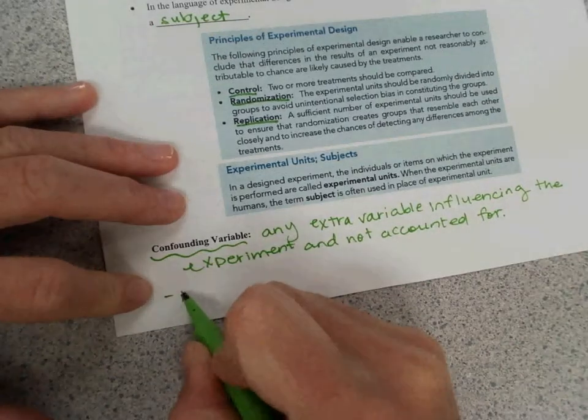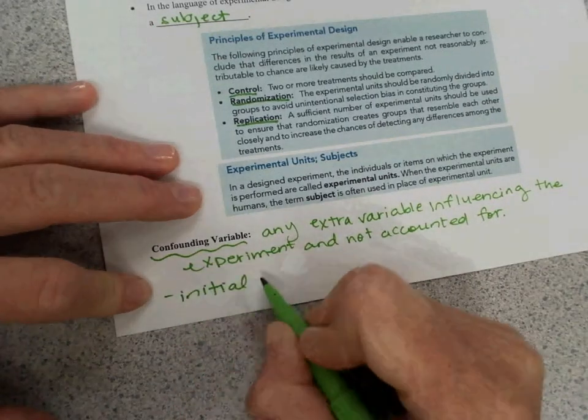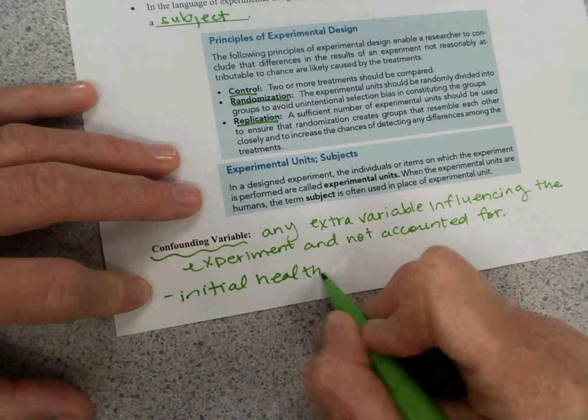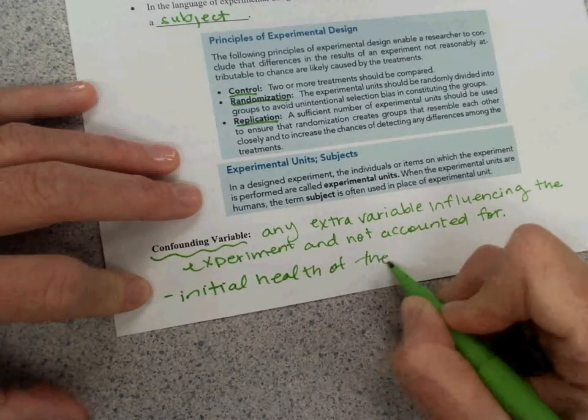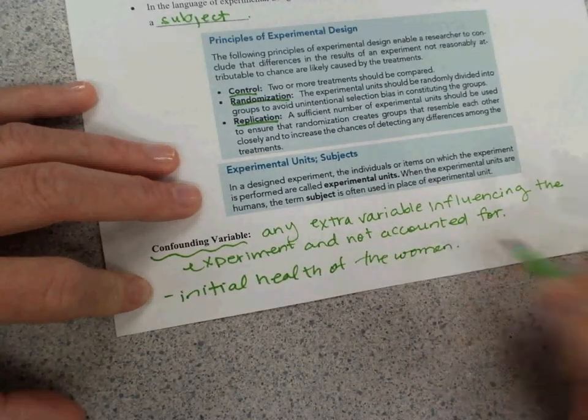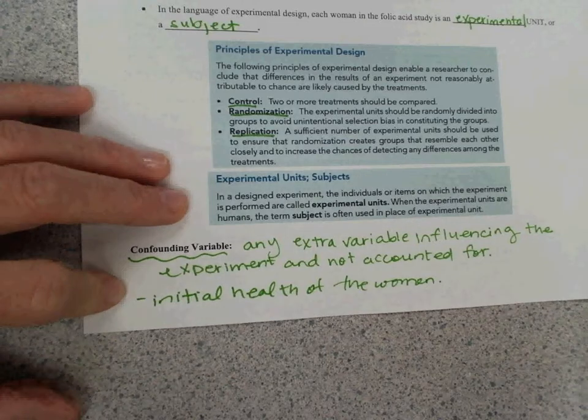And so the initial health of the women could be a confounding variable.